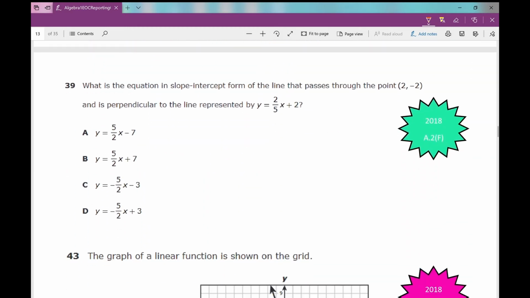Number 39. What is the equation in slope-intercept form of the line that passes through the point (2, -2) and is perpendicular to the line represented by y equals 2/5 x plus 2? Okay, a line that's perpendicular, you have to know this. The slope is the opposite reciprocal.